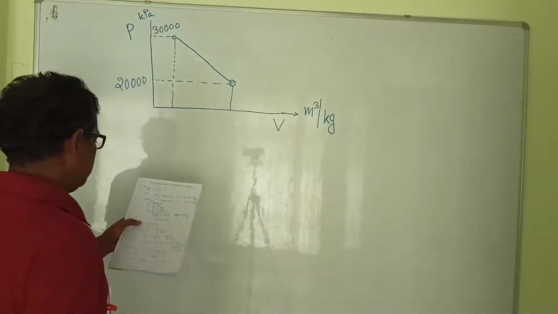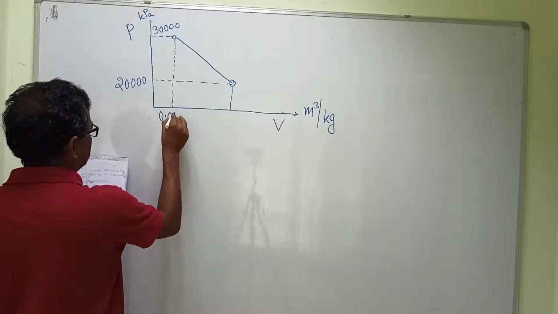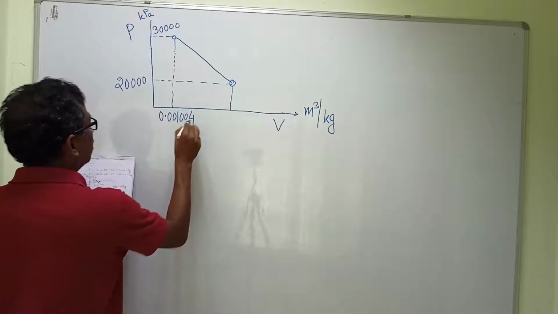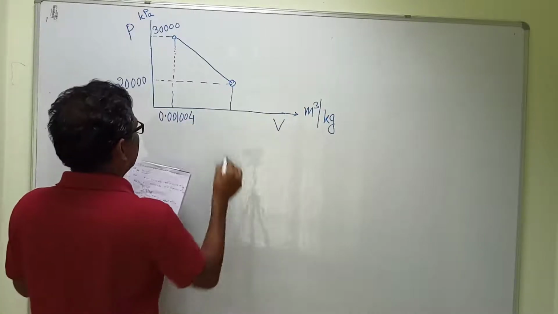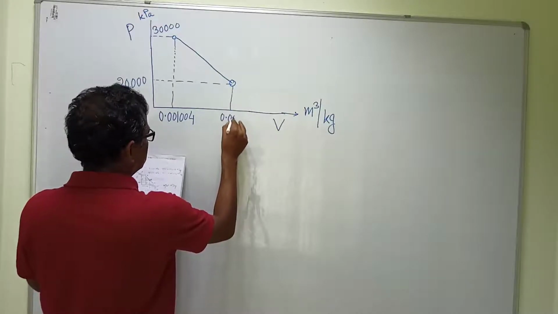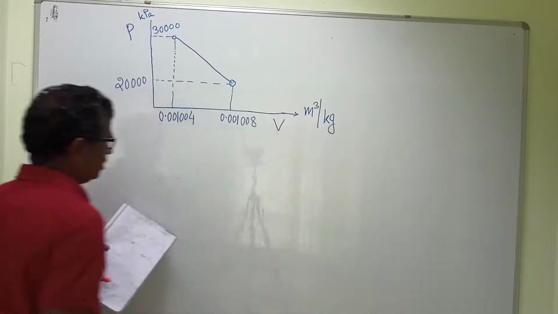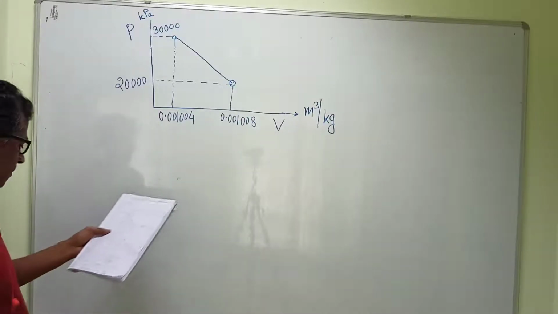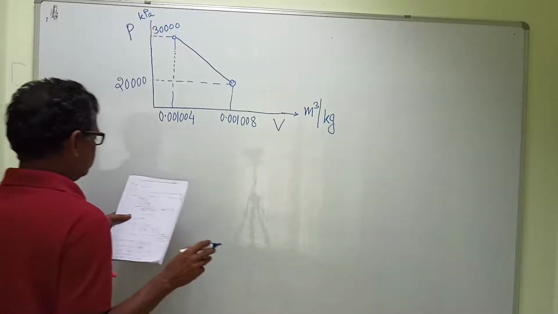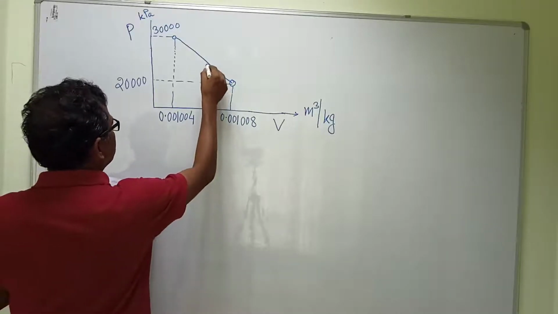The corresponding specific volumes are 0.001004 for 30,000 kilopascal, and for 20,000 kilopascal it is 0.001008, and this is from table B.1.4. Okay. Now whatever the state 2 we have achieved, that is somewhere in between.